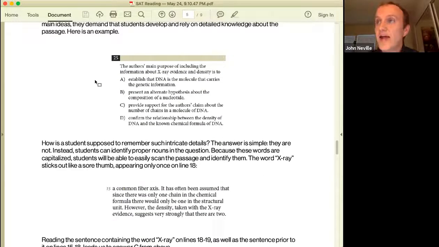And the answer to that is that they're not expected to. They're expected to remember where they talked about that in the passage and then maybe go back to that. So that's one way that you can answer this question.